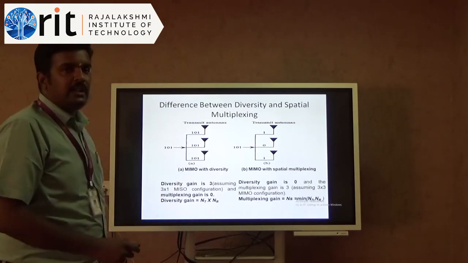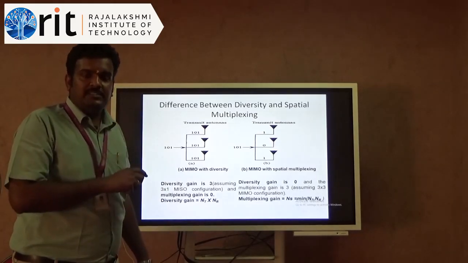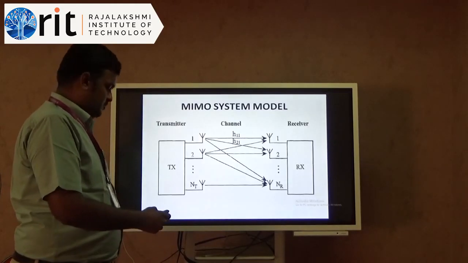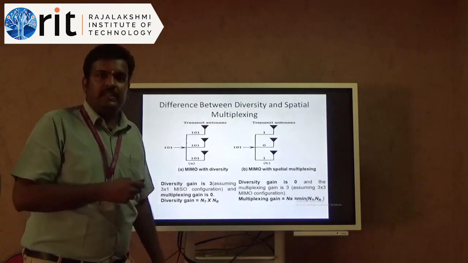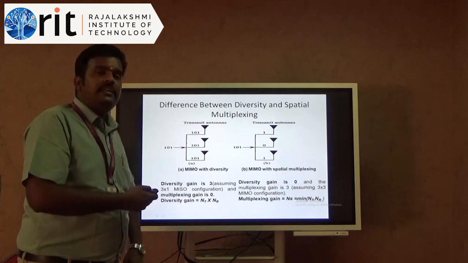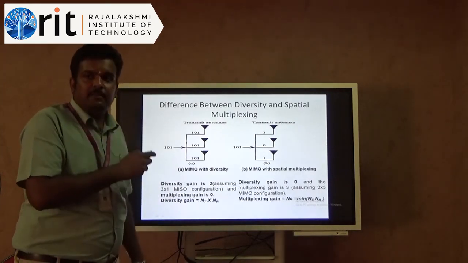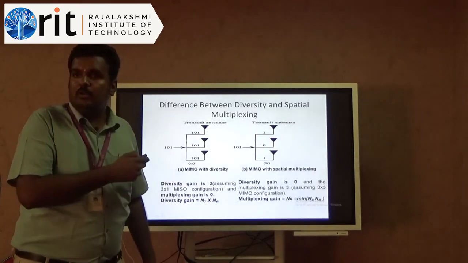So this is how we calculate spatial multiplexing gain as well as spatial diversity gain. This slide reiterates the difference between diversity techniques and multiplexing techniques in multiple antenna techniques.